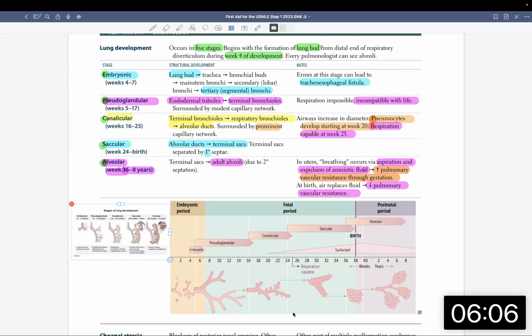But in UWorld, it clearly says pneumocytes begin producing surfactants separately. So let me check what they asked.